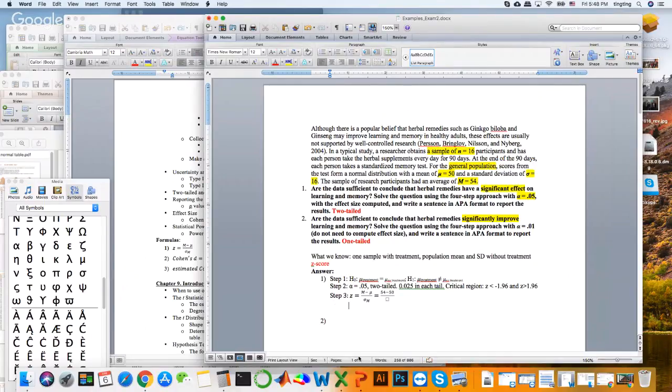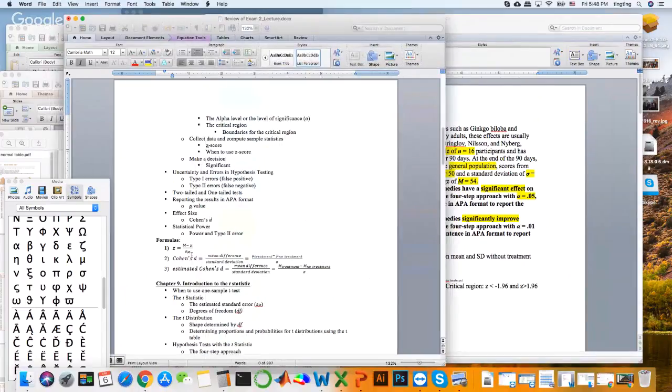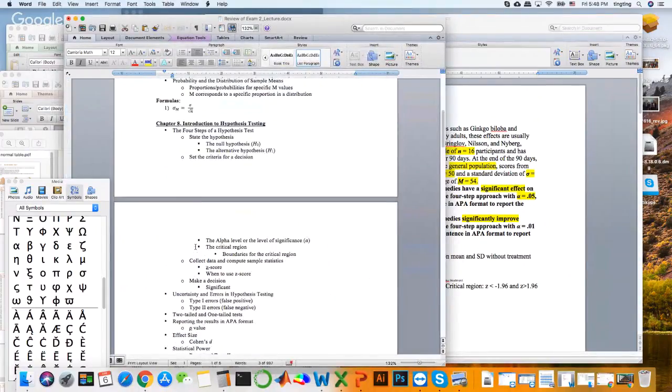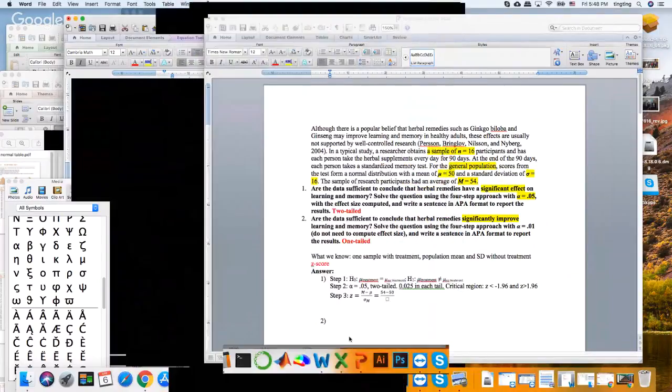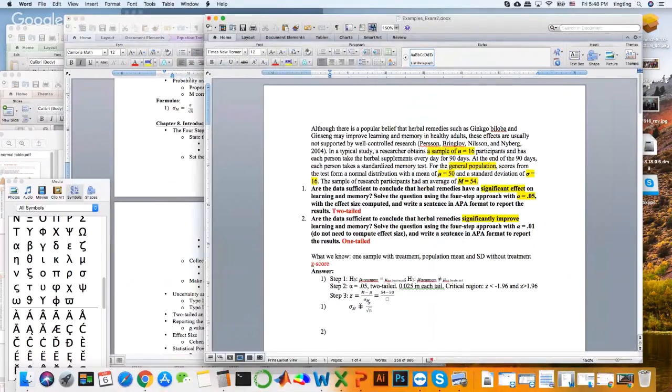For sigma M we also have a formula, which equals sigma divided by the square root of n.